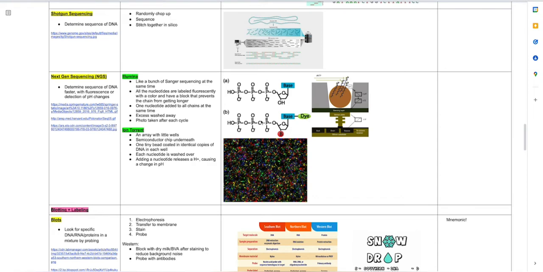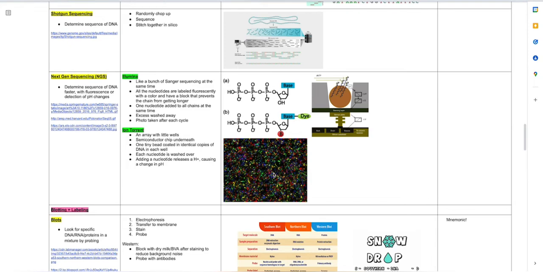What happens is you have a bunch of DNA stuck onto a little tray. Then you wash a bunch of your special nucleotides over it, and they attach, and the color that fluoresces is the one that was just attached.